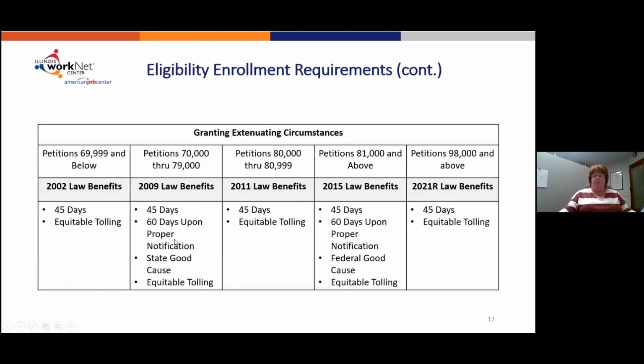The 60 days upon proper notification, if for some reason they didn't receive notification from IWDS that they were eligible or potentially eligible for trade, that's the 60 days. That's available under the 2009 and the 2015. There was a state good cause available only under the 2009 law. And then there is federal good cause under the 2015 law.